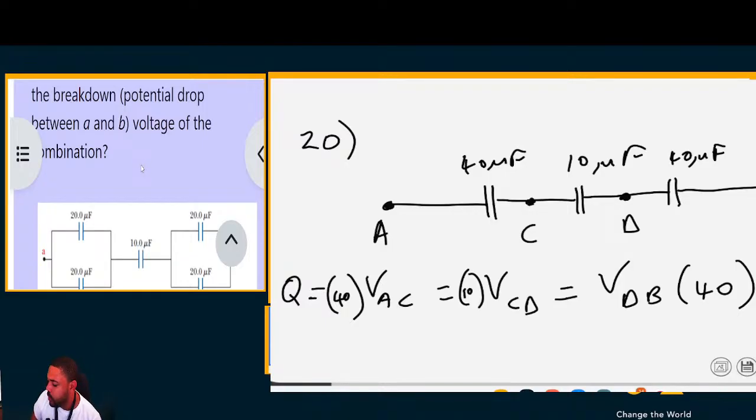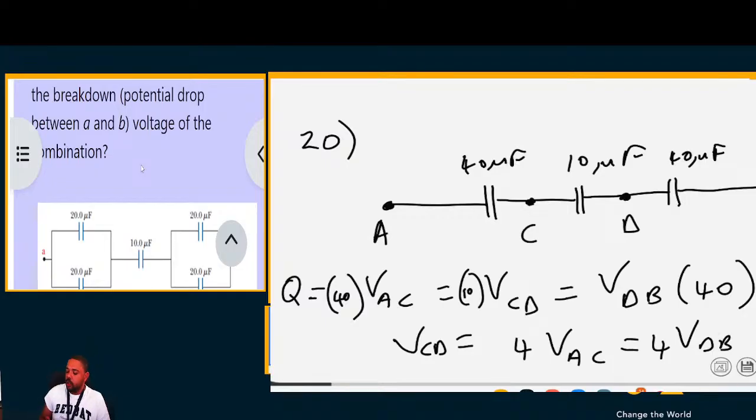If you work it out, you can cancel the 40 throughout. You will get that the voltage between C and D, which is 15, is equal to 4 times the voltage between AC, equal to 4 times the voltage between DB. That's the easiest way I can figure to do this. Of course, there are other ways.